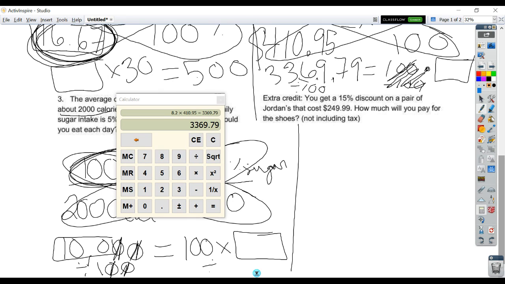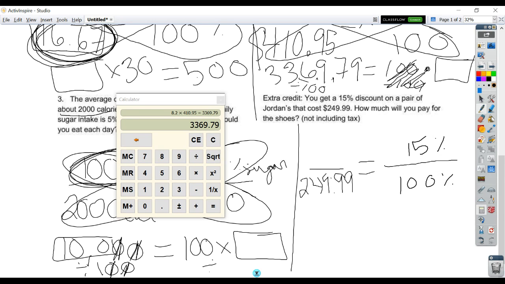Finally, my extra credit, we get a 15% discount on a pair of Jordans. Those Jordans cost $249.99. That's the whole cost. So this is $249.99. And then over here, this is 15%. This is 100%. Again, you don't need those percent signs. You really shouldn't have them there, but put it in there.